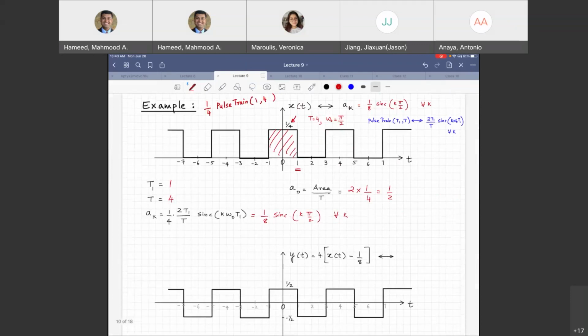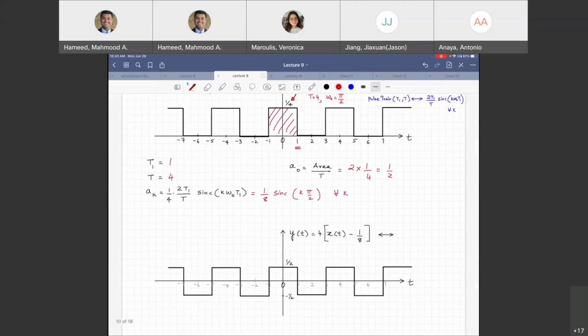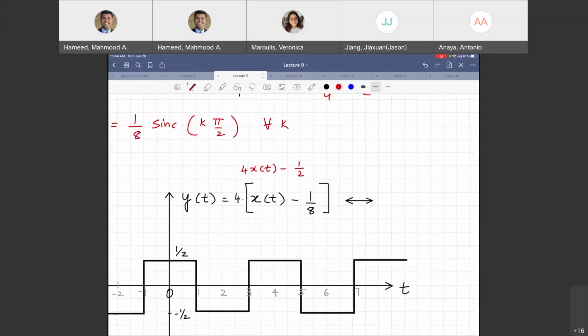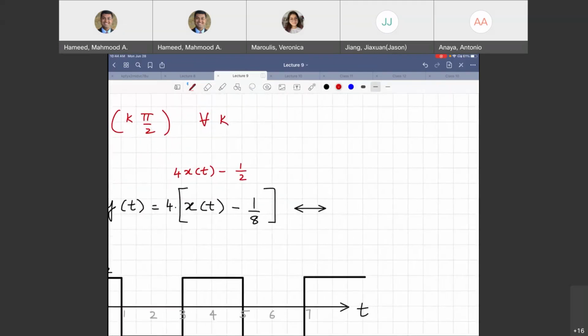Now, let's see if we can apply this linearity property and also the vertical shift property to get this. y of t is a new signal that we are defining, and it is essentially 4x of t minus half. On the right hand side, let us assume that the Fourier series coefficients of y of t are b sub k.